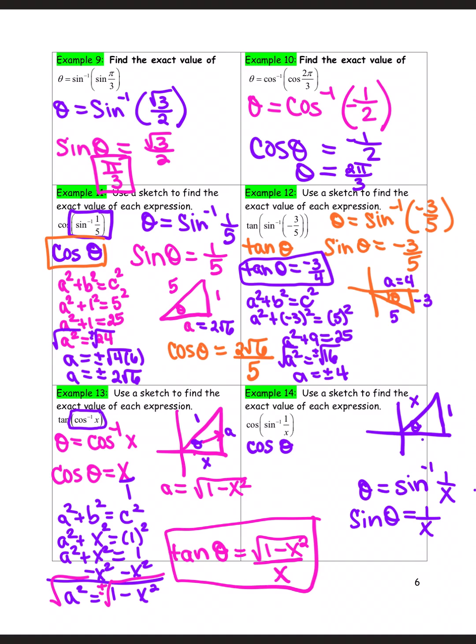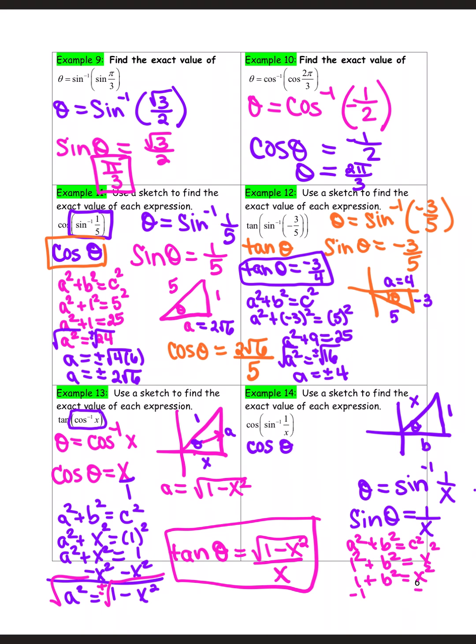So I'm looking for this length, and this time I'll call it b. Like I said, it doesn't matter how you label it, as long as you label it correctly. So we have a squared plus b squared equals c squared. In this case, 1 squared plus b squared equals my hypotenuse squared, which is x squared. So 1 plus b squared equals x squared.